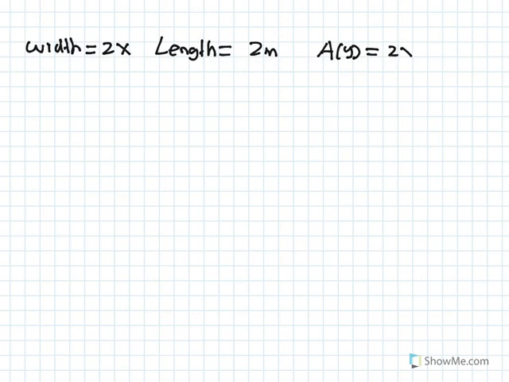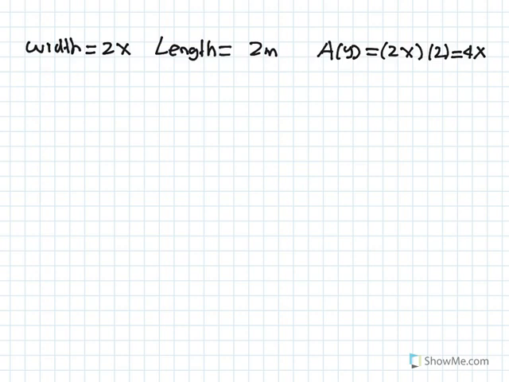Since all the horizontal cross-sections perpendicular to the y-axis are rectangles with a width of 2x meters and a length of 2 meters, the cross-sectional slice as a function of y is simply width times length. That gives us 4x meters.